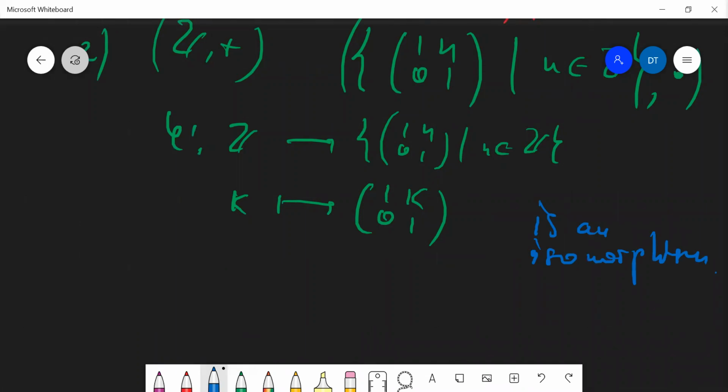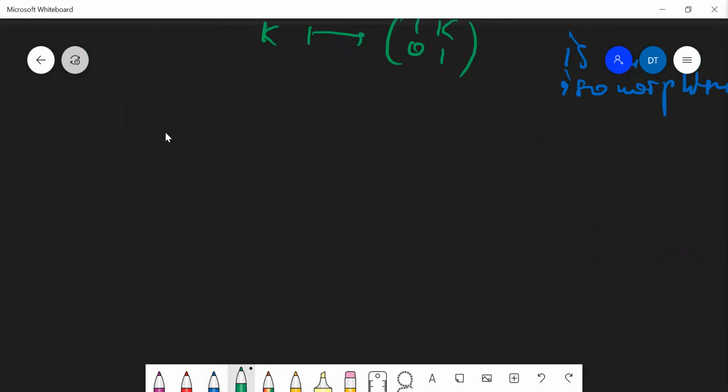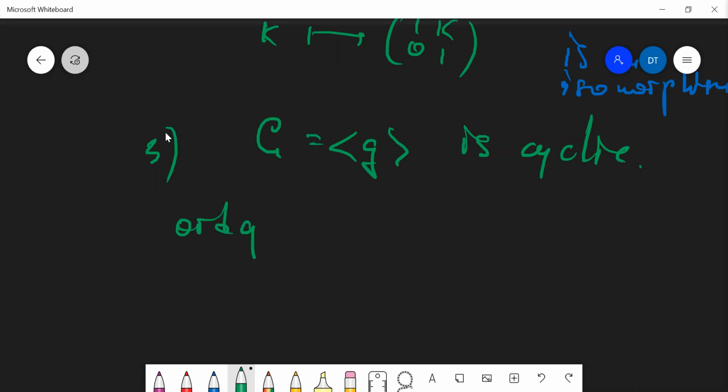And here is another example of isomorphisms. Let's say you have a cyclic group G, and g small is a generator. Then we have two options. The option number 1, the order of the element g is infinite. Then you may take a map from Z to G, which takes each element k to the kth power of the generator g.